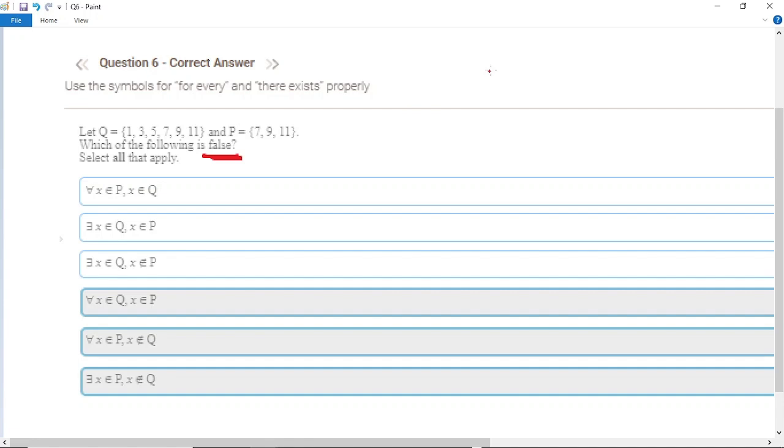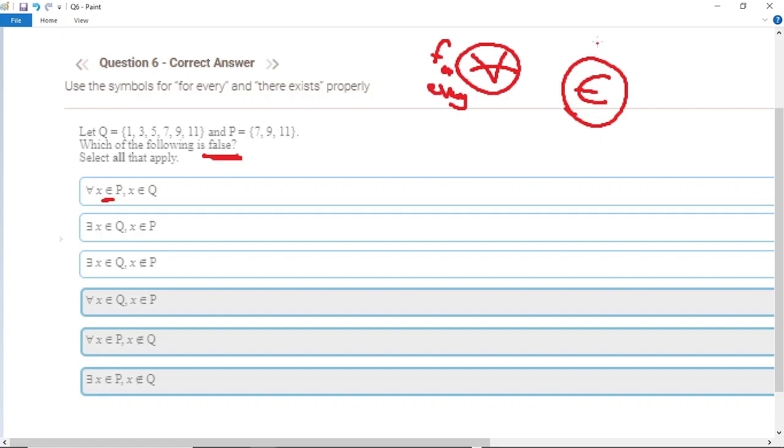This symbol means for every, that is, for every x in the list of numbers, and this symbol means belongs to.